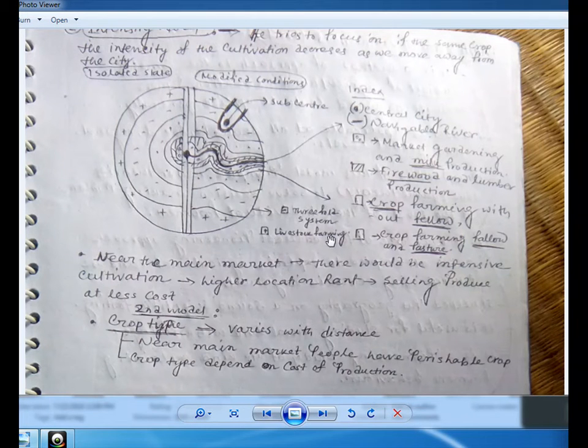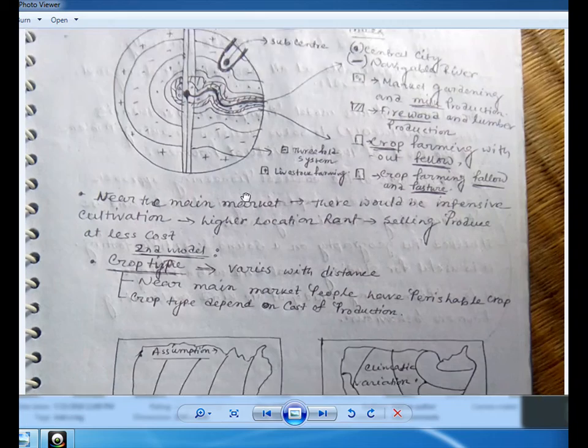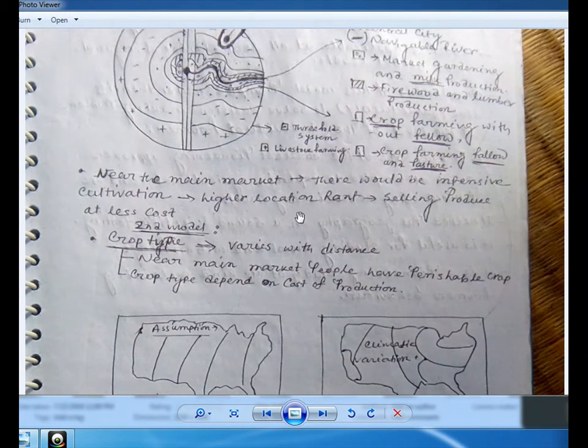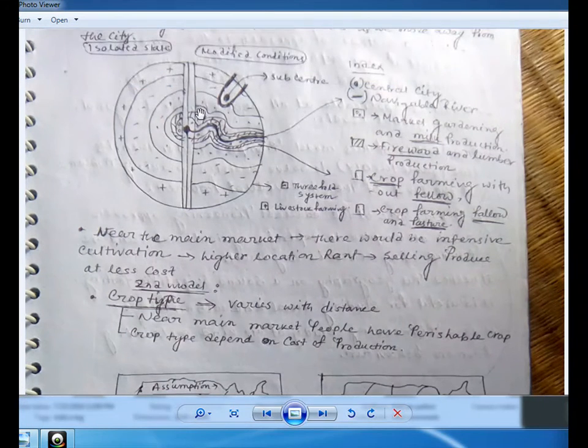And then livestock farming. Near the market there would be intensive cultivation, with higher locational rent, and selling production at less cost.